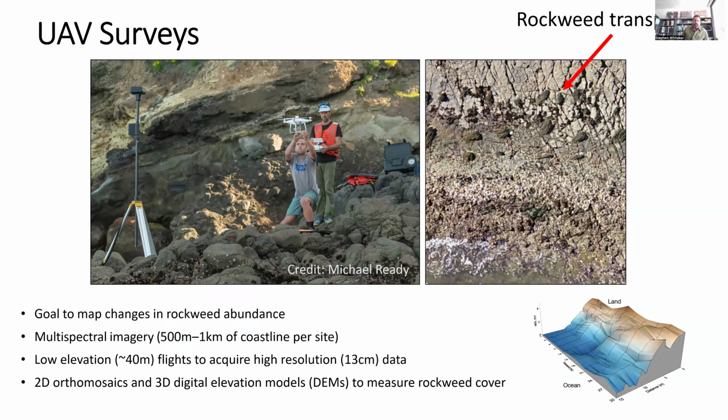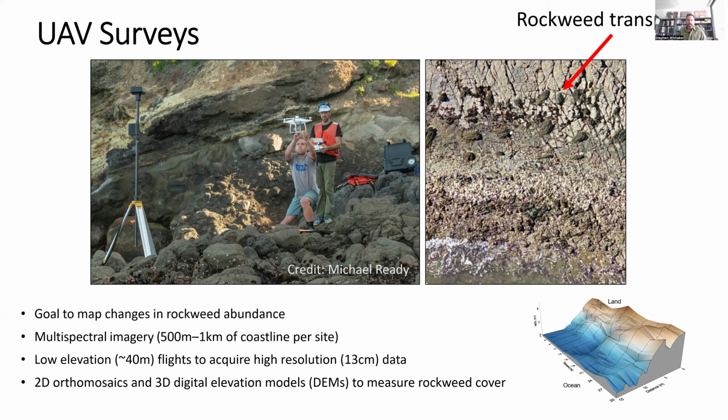We used UAVs to map out changes in rockweed abundance over time, and we use them to produce 3D digital elevation models for each of our restoration sites. And so we operated the UAVs at low elevation, which allowed us to acquire surprisingly high resolution data.